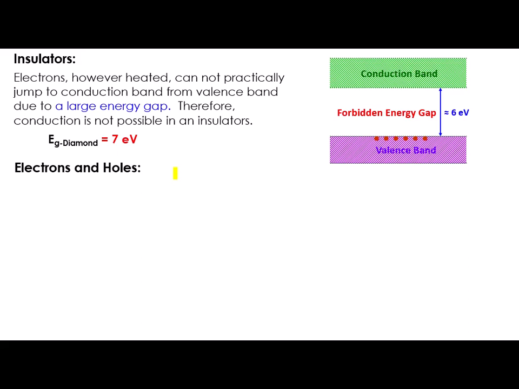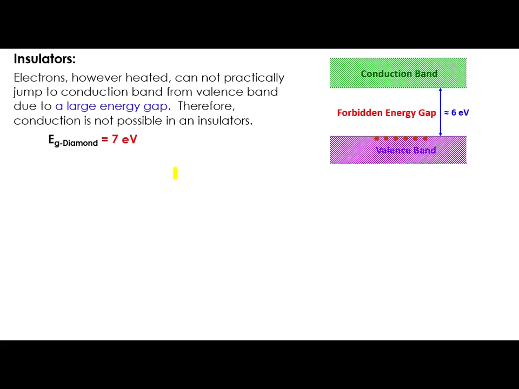Now, let us have a recap on the concept of electrons and holes, as we are going to discuss semiconductors in detail. This was all about the classification of solids as conductor, insulator and semiconductor, based on both band theory of solids as well as conductivity and resistivity.